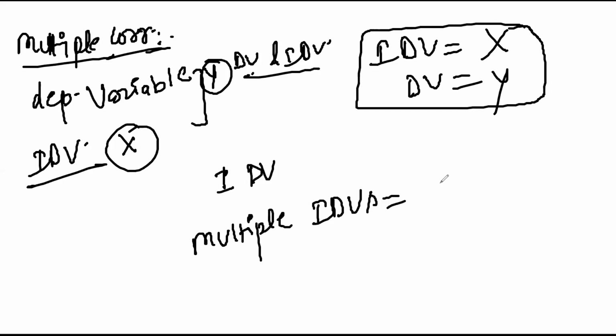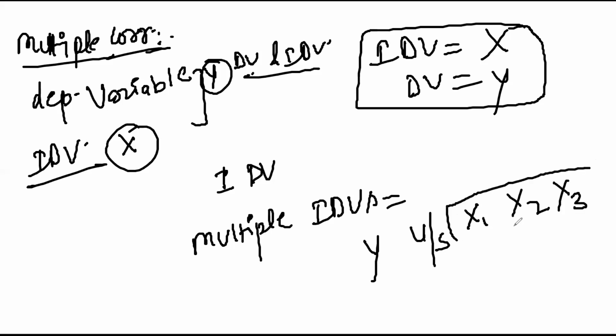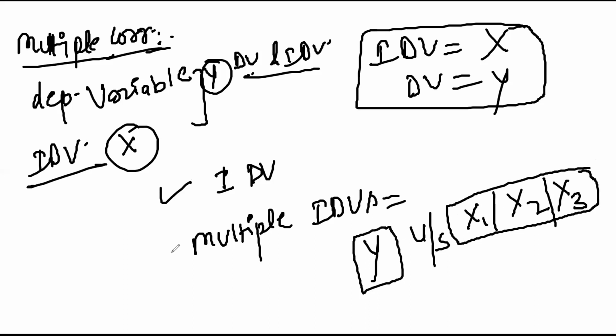So we have one y versus n number of x: x1, x2, x3 you can take. So this is the analysis. You have one y, that means one dependent variable, and 2, 3, 4, 5, depending on your study, number of IDVs could be there.